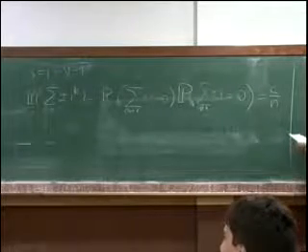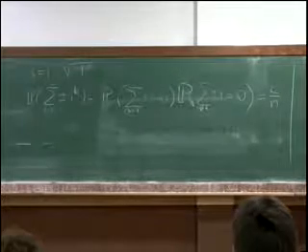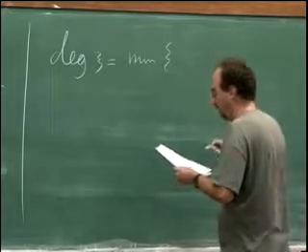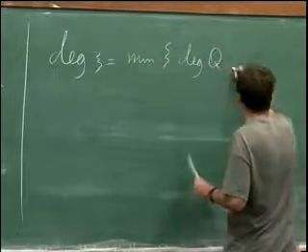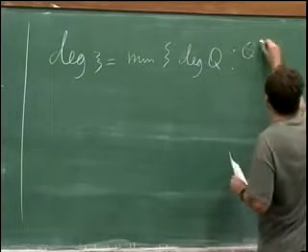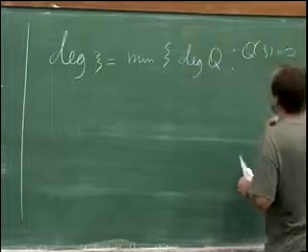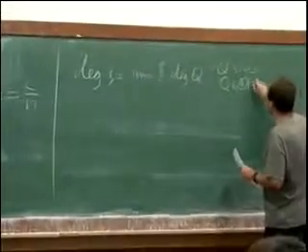The degree of xi is equal to the minimum of the degrees of all the polynomials, so the degree of the minimal polynomial that xi is a 0 of. Of course, I'm taking them with rational coefficients.